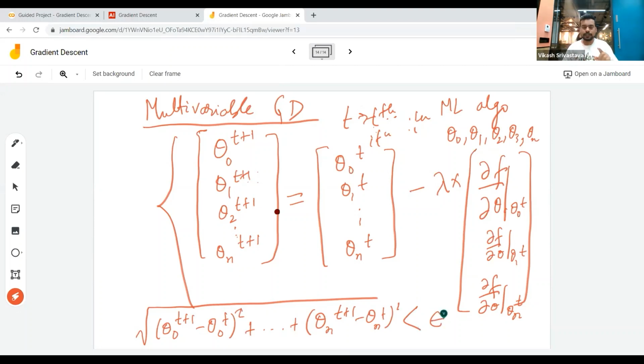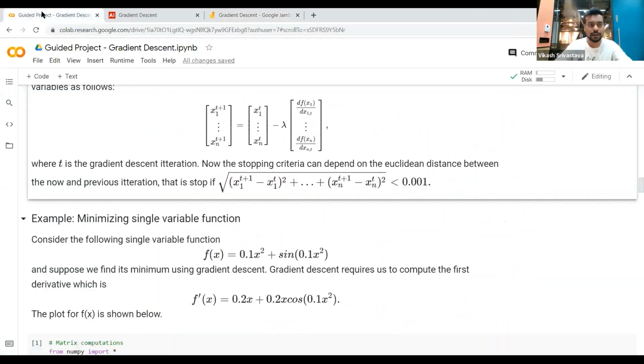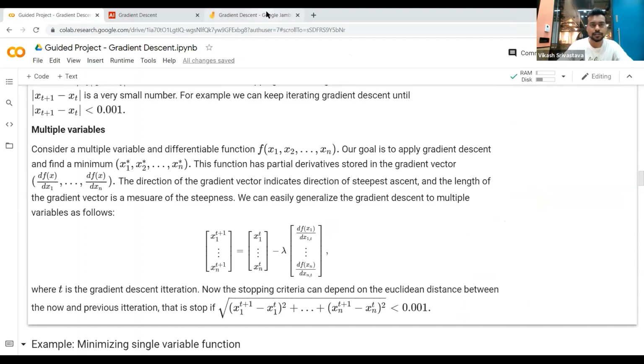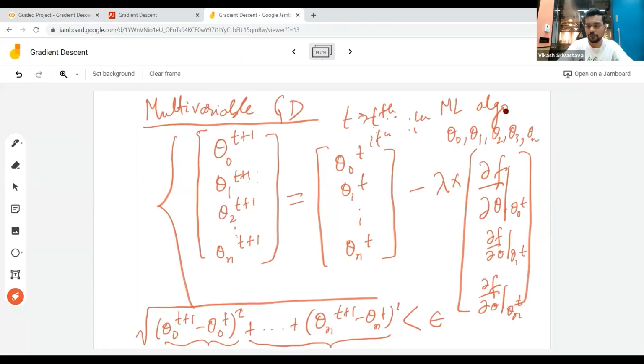If we had only a single theta, these additional terms would not be there, so we would have only this particular term, and the root and the square would cancel out. That's why you're just having the modulus: modulus of theta naught t plus 1 minus theta naught t is less than epsilon for the case of a single variable. So if we had just this particular term, it reduces to this case. Does that make sense, everyone?